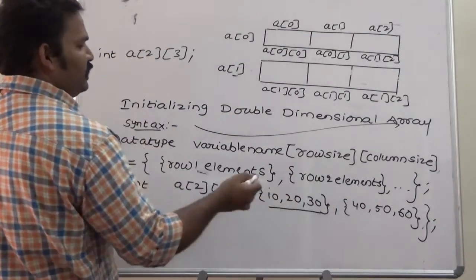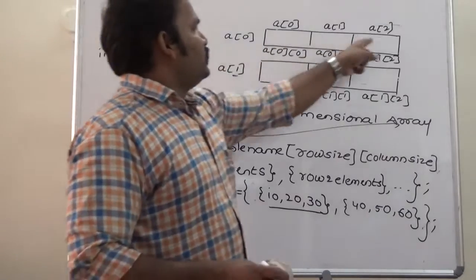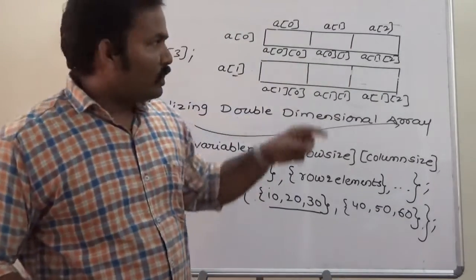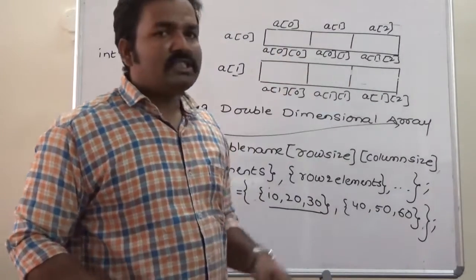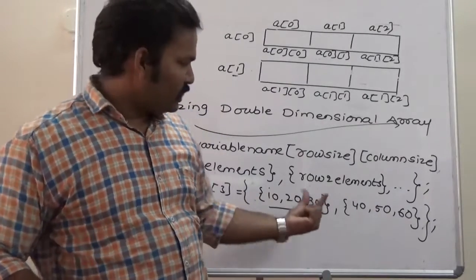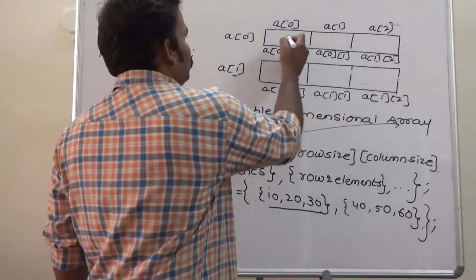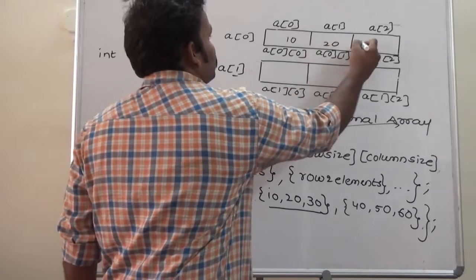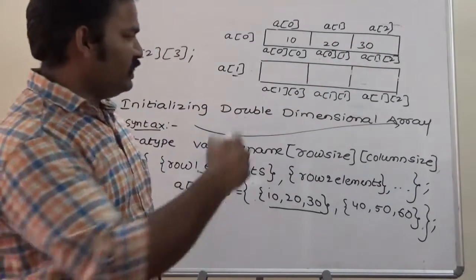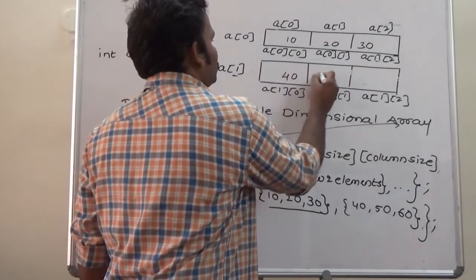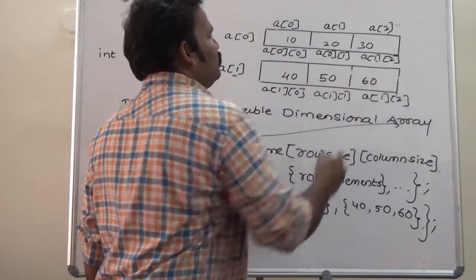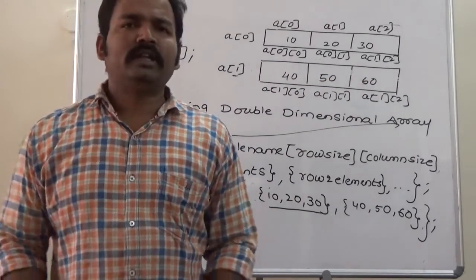Now these 6 positions are filled with 6 elements. The first 3 elements are stored into the first 3 locations, and the remaining 3 elements are stored into the next 3 locations.